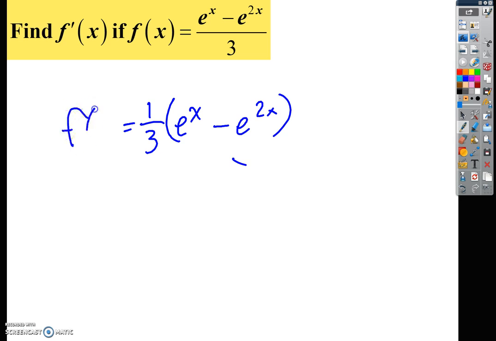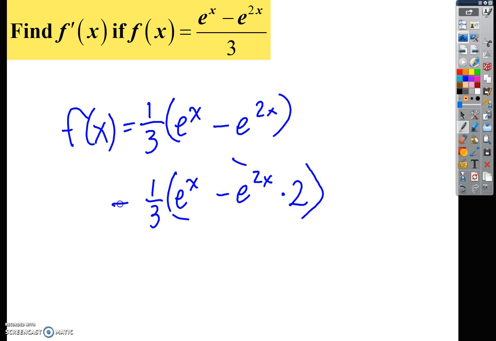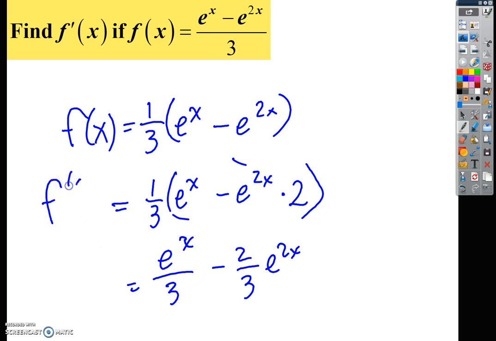That's our original. And so that's just going to sit there. The derivative of the first one, the derivative of the second one. There's my answer. Clean it up a little bit if you want. No big deal. So that's f prime.